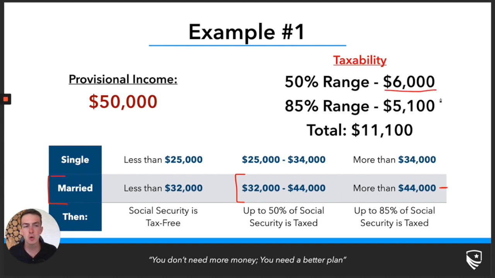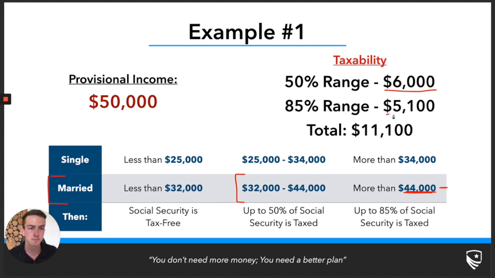So at the very least, we know $6,000 of our Social Security benefit is going to become taxable. Then we know provisional income is $50,000, which is $6,000 more than this $44,000 threshold. Anything over $44,000 is going to move 85% of that into becoming taxable for our Social Security benefit.